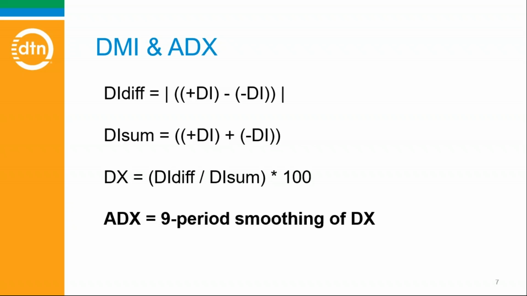So now you have a number mathematically, if you think about it, that is always positive and always bounded: it can never go below 0 and it can never go above 100. Then ADX, the one we're interested in, is a 9-period smoothing of DX. That's why the readings below 20 are showing us low volatility, if you think about it mathematically.